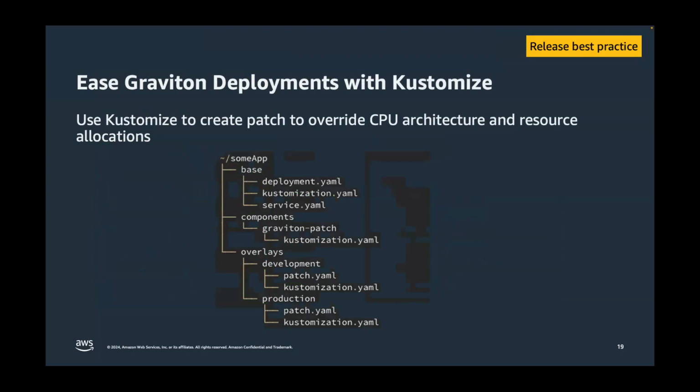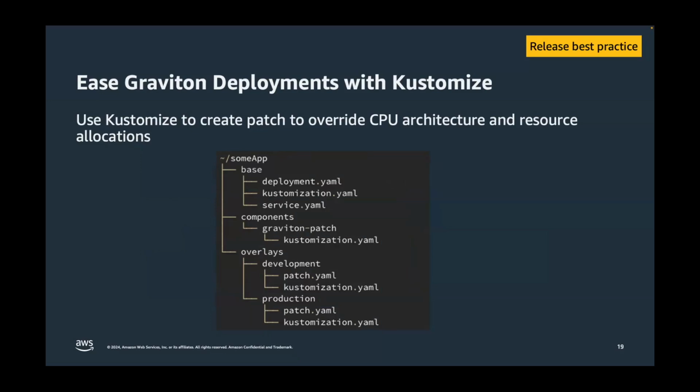So what are some of the release best practices? When you have tested out Graviton and you want to roll out your deployment onto Graviton, you can actually combine the release with Kustomize, right? I believe some of you may already be using Kubernetes Kustomize in your deployments. Kustomize helps in customizing the configuration, so you don't have to augment the original deployment file that's deploying on x86, right?